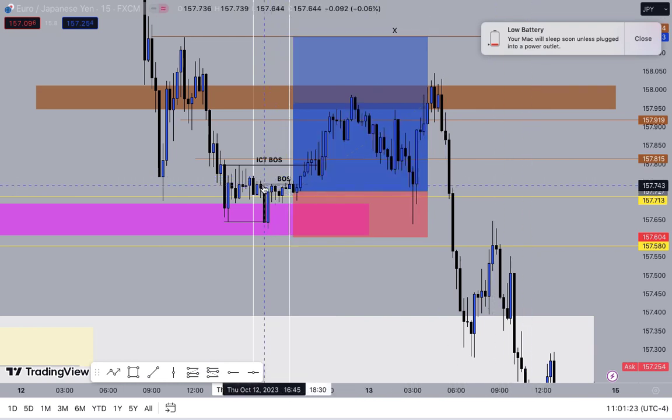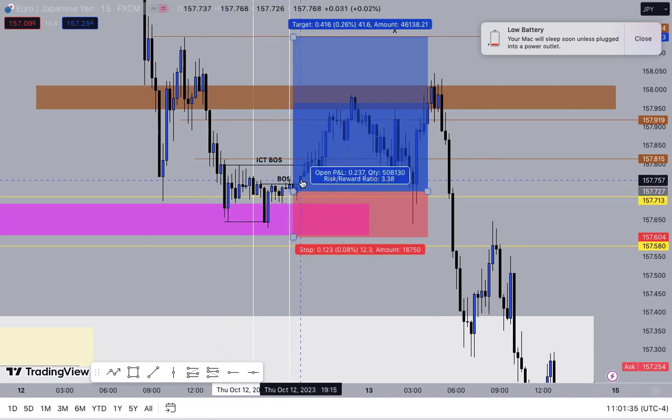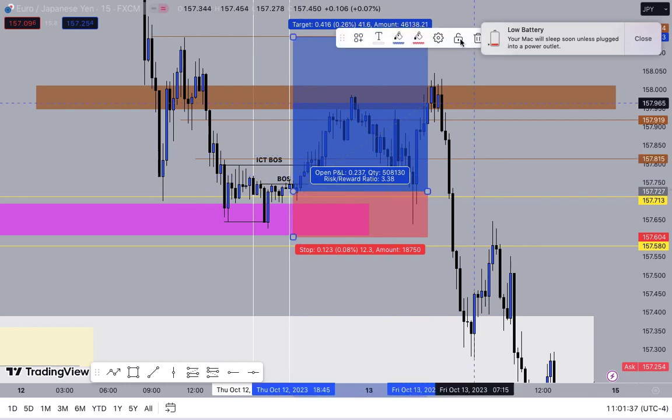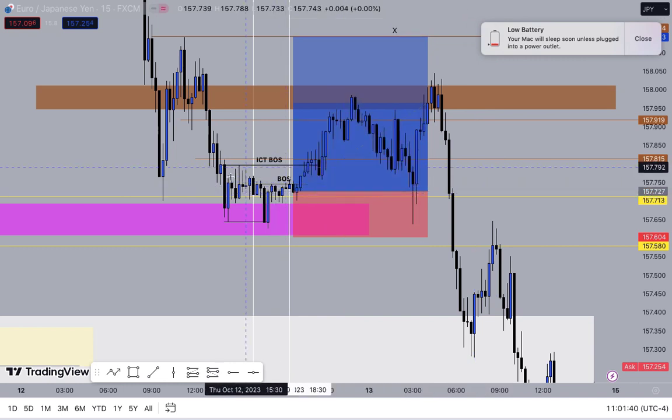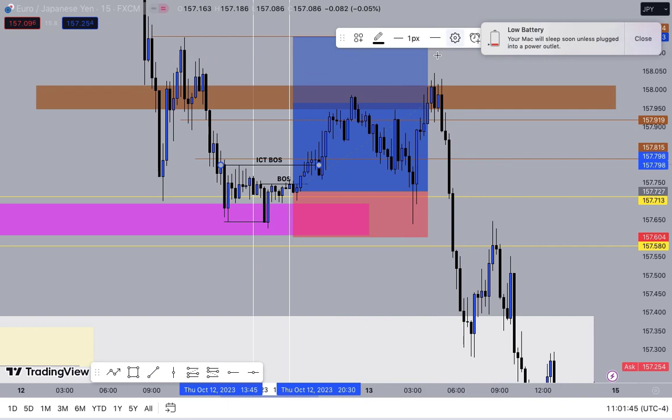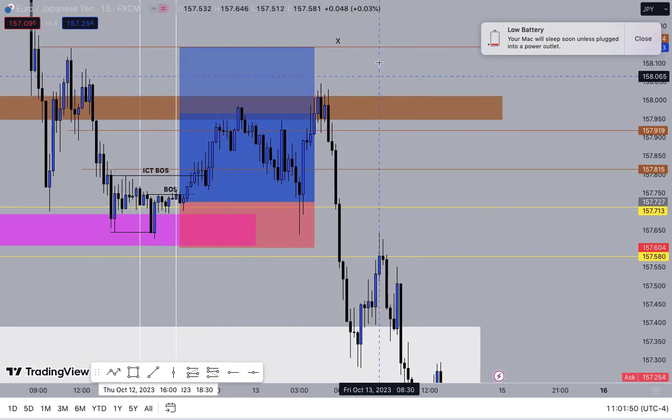I realized that if the last low was taken out by the body of a candle, if the body closed under that low and forms a high like this, then if price displaces above this high, it is a valid break of structure. But according to ICT, it has to break this other high here before it will be considered a valid break of structure.